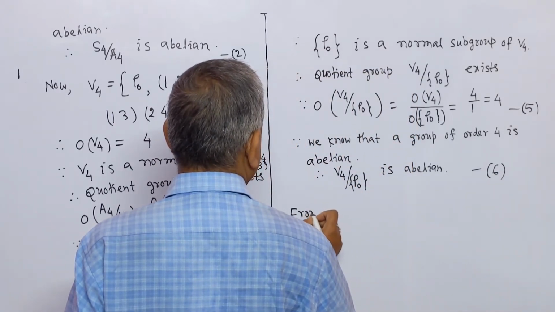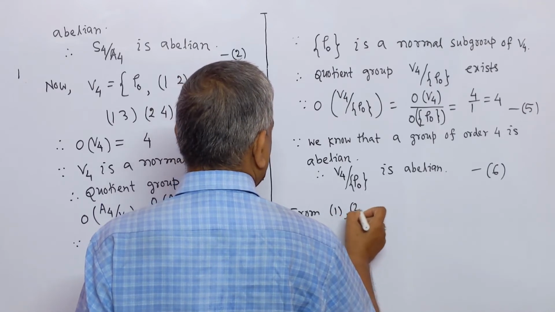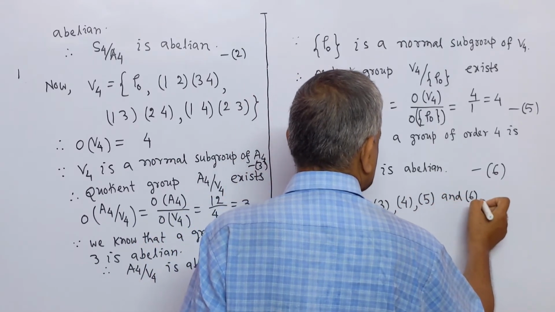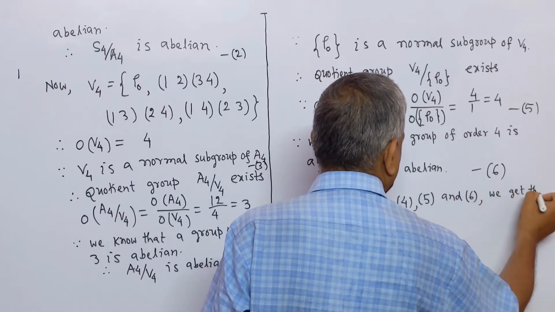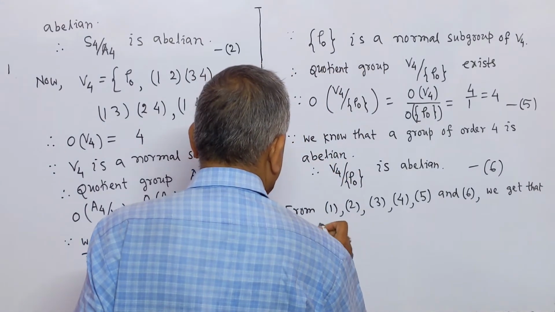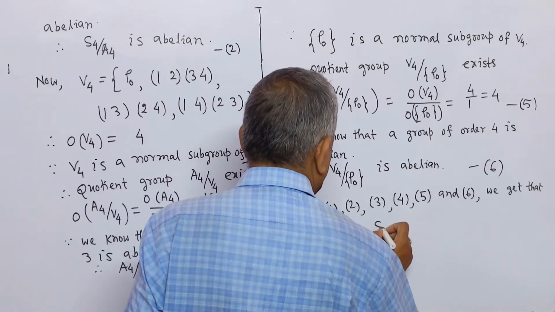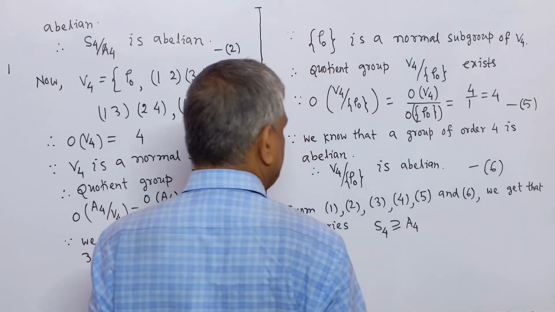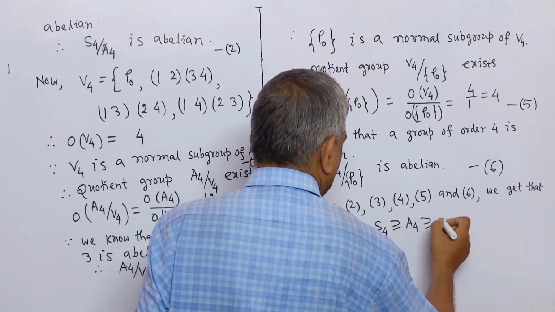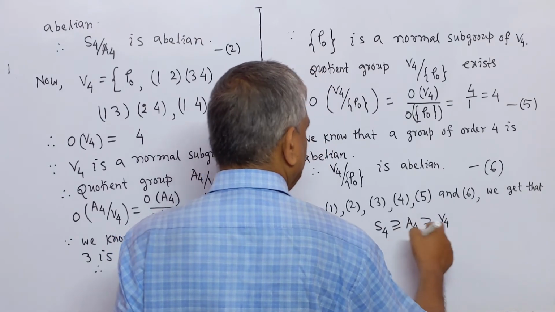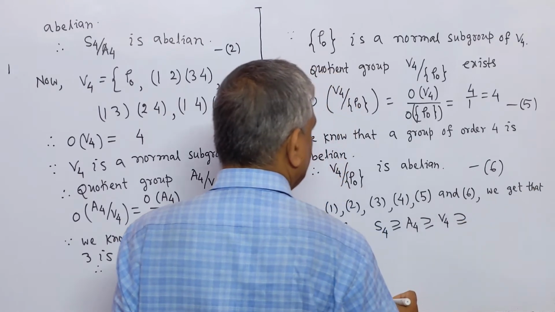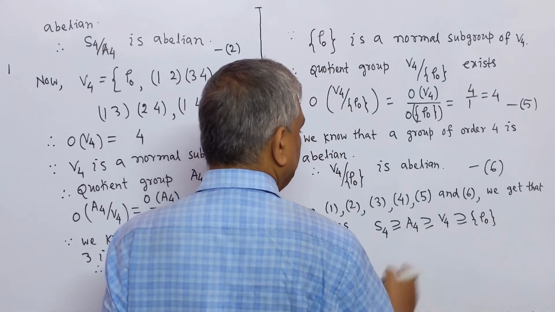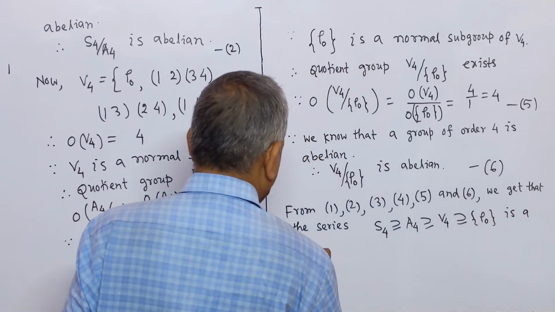From 1, 2, 3, 4, 5 and 6, we get that the series S4, where A4 is a normal subgroup of S4, V4 is a normal subgroup of A4, and the set containing only the identity permutation is a normal subgroup of V4, is a solvable series.